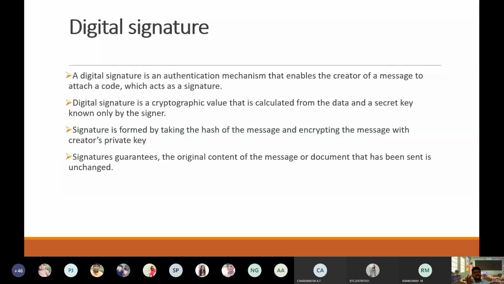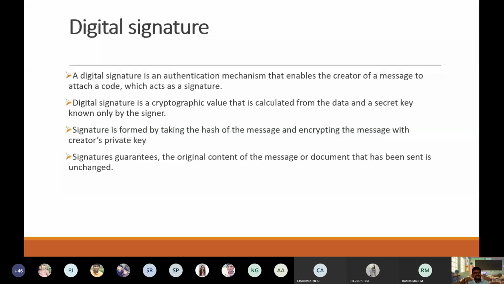It guarantees it like your document. If you want to submit your assignment, you write your name there, write the assignment questions, and at the end of the page you sign your name.